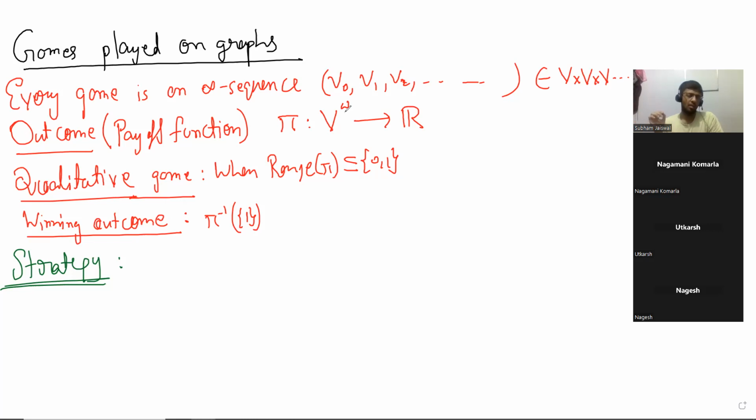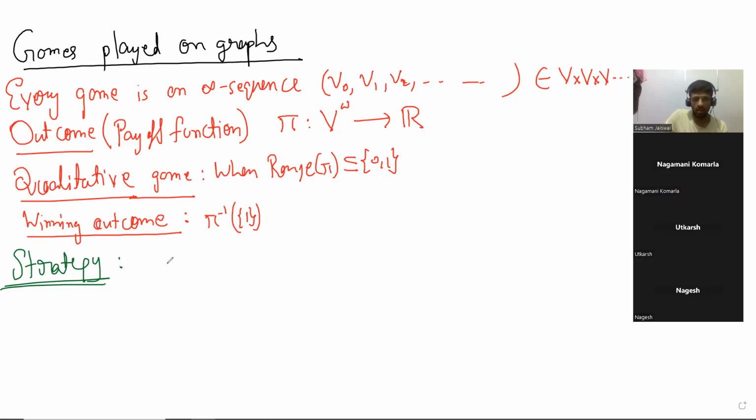See, what we want to do is the following, right? We want to say that there is a strategy which is, let me say it like this. In a strategy, we first have to see where we are.